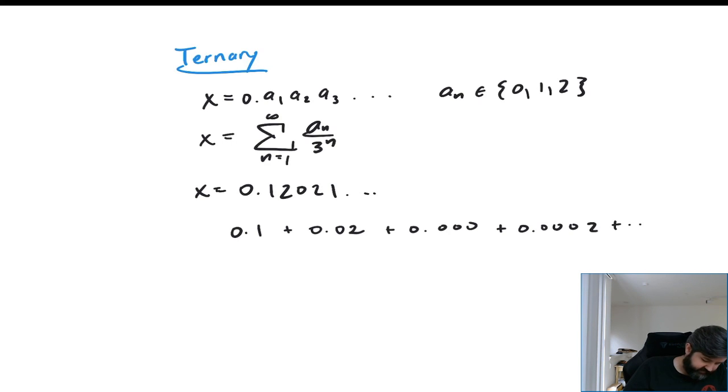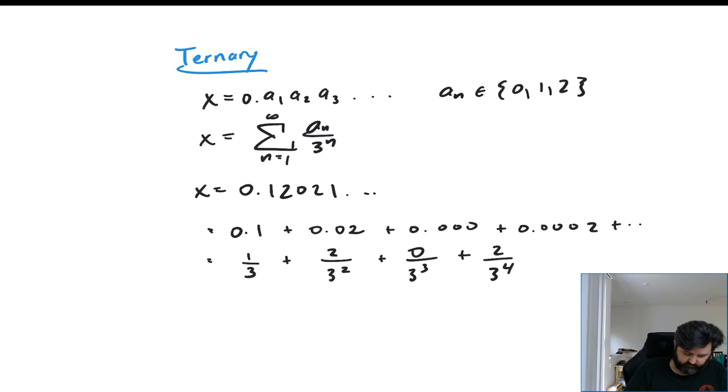But in this case, they represent different things. This is not a decimal expansion like you normally think. It's that digit over a power of 3, right? So this is now the 3rd place, the 9th place, the 27th place. So it would look like 1/3 plus 2 over 3 squared plus 0 over 3 cubed plus 2 over 3 to the 4th, and so on. I don't really know any better way to put that.